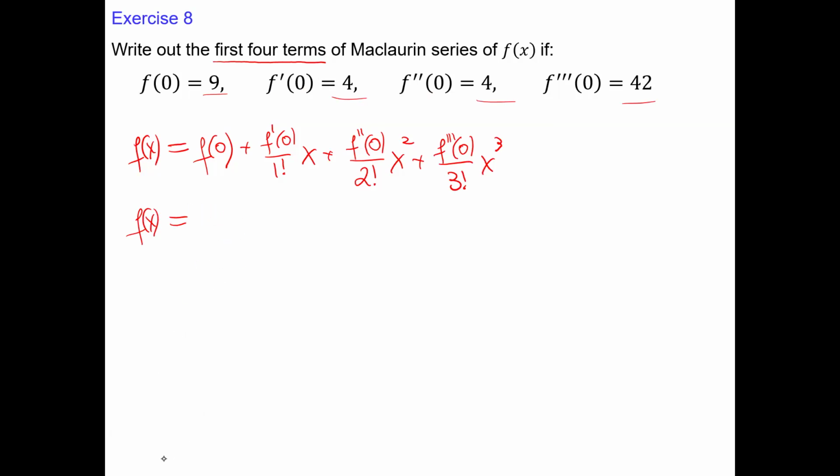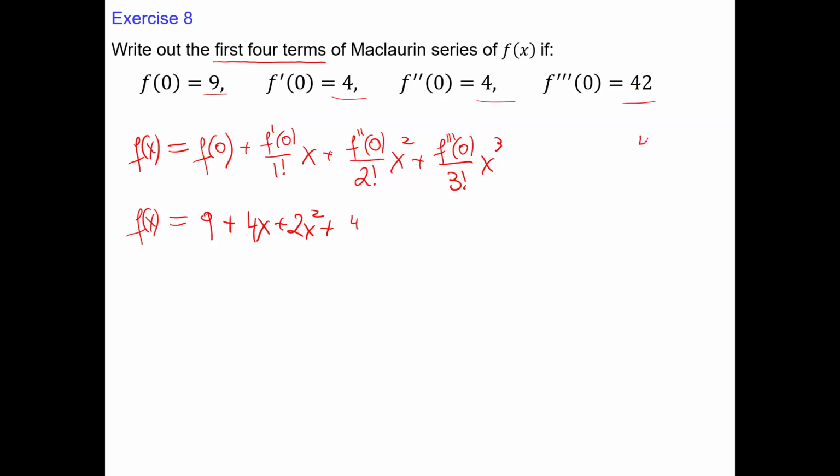Let me align everything nicely. Okay, f of 0 is 9 plus f prime at 0 is 4x. The second derivative, f double prime at 0 is 4. 4 over 2 is 2. And then the third derivative at 0 is 42.